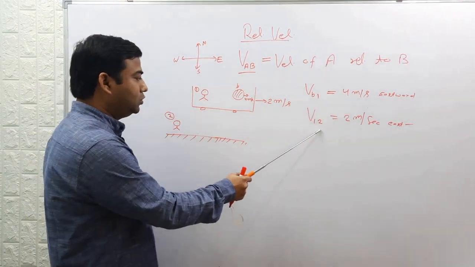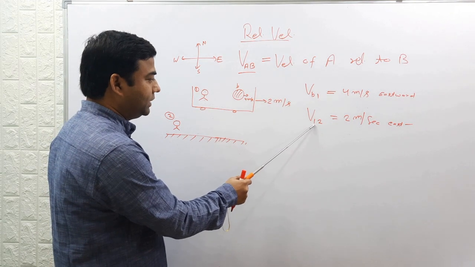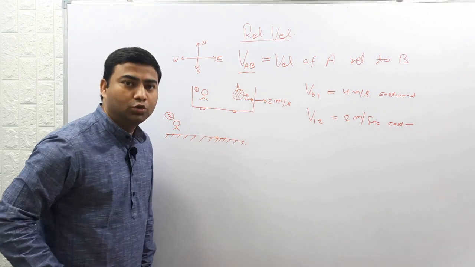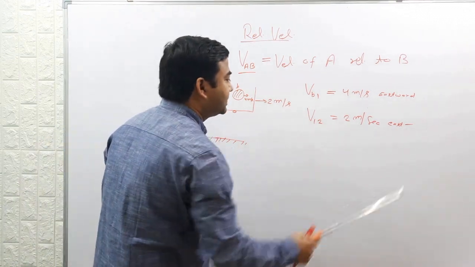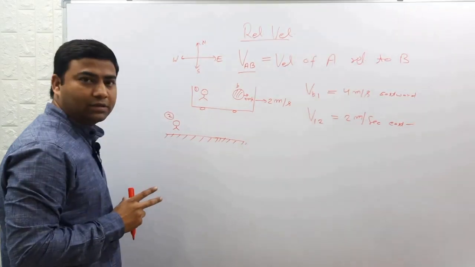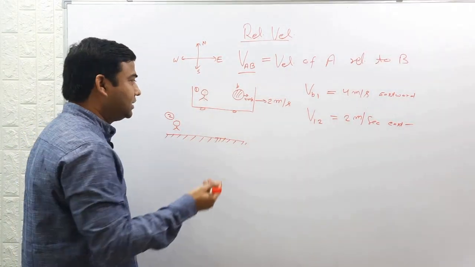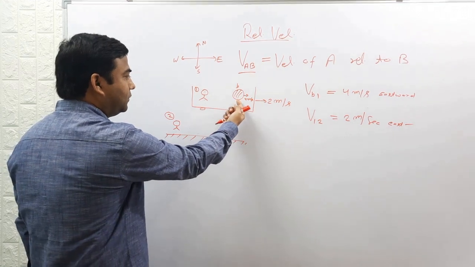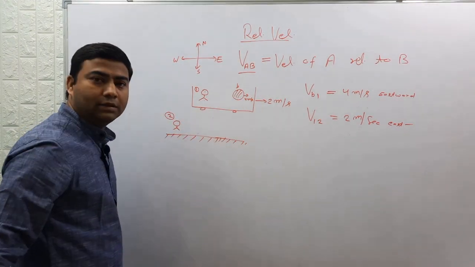So V12, the velocity of observer 1 with respect to observer 2, is 2 meters per second. So from your basic intuition, based on general observation, now you can easily find the velocity of the ball with respect to observer 2.